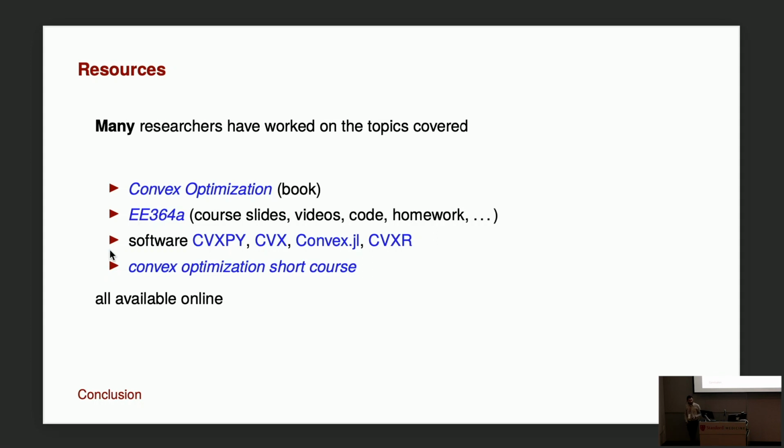You said you had to show that the functions were actually convex. Why do you need that? So we need that because we're doing a transformation from how you describe your problem to how the solver will solve the problem.